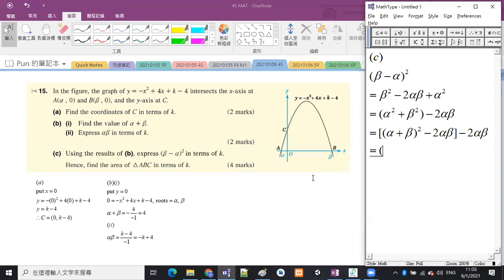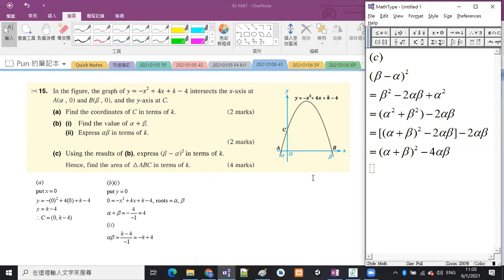Okay, and then we just remove the square bracket on alpha plus beta squared. So we have minus 2 alpha beta and minus another 2 alpha beta, so totally we have minus 4 alpha beta. At this step, we can use our preparation in part B. Alpha plus beta has been found to be equal to 4 in B1, and alpha times beta has been found to be negative k plus 4.